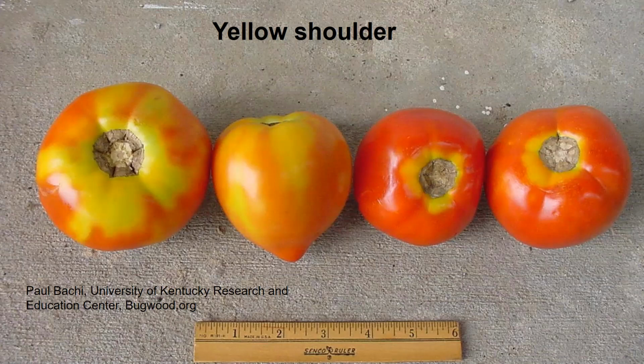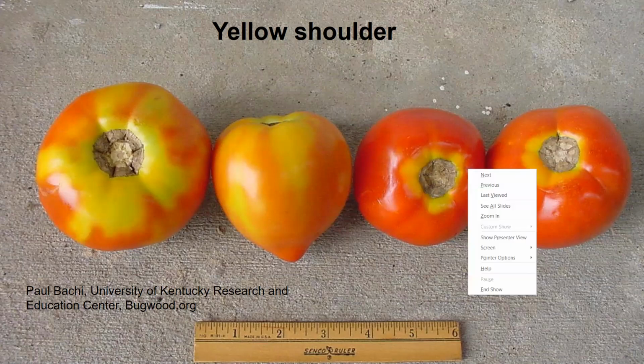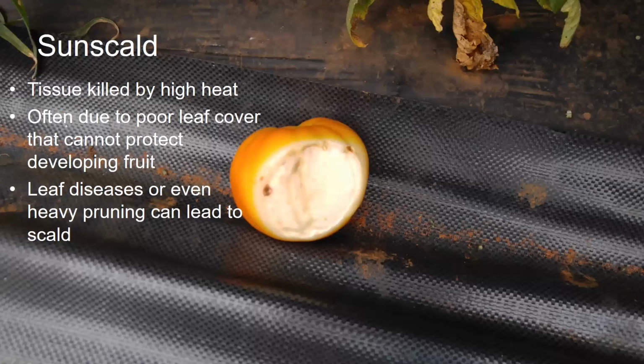We also often see sun scald, which is where the tissue is killed by high heat. And this is often because the canopy of the plant is not enough to cover the fruit to protect it.